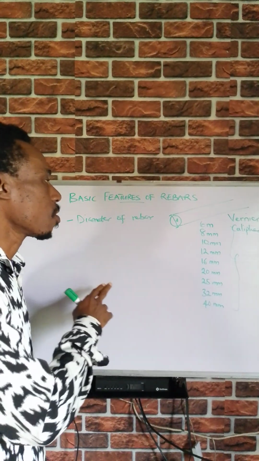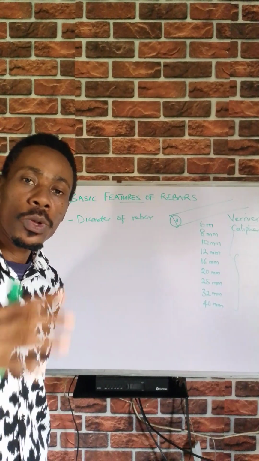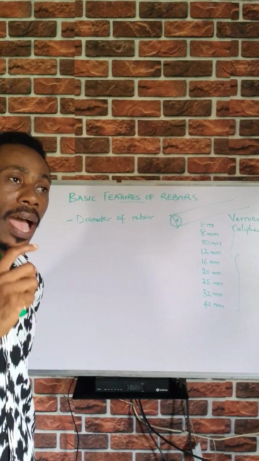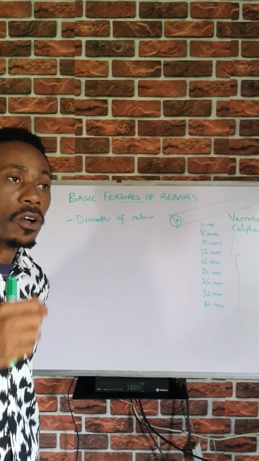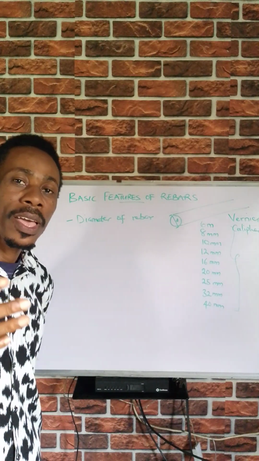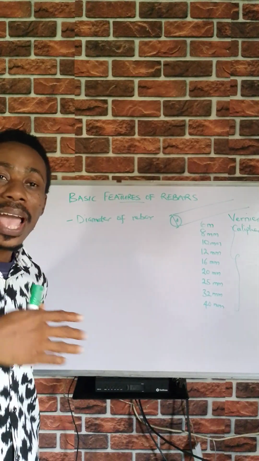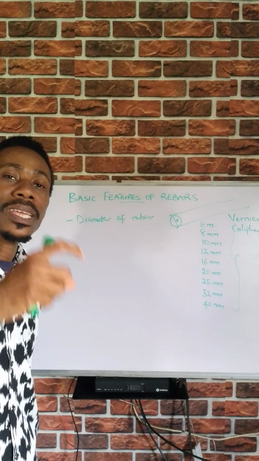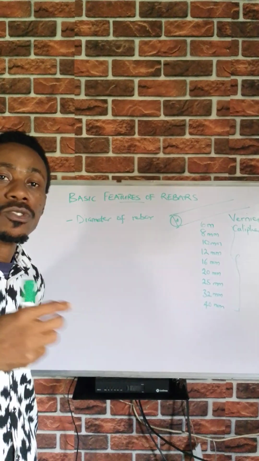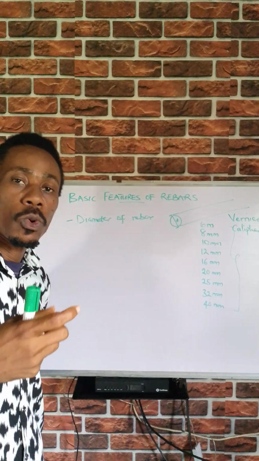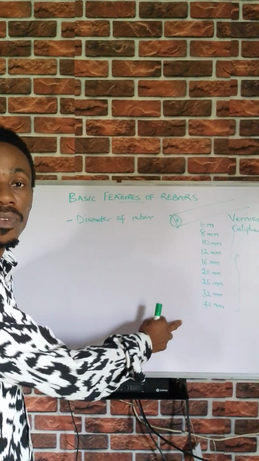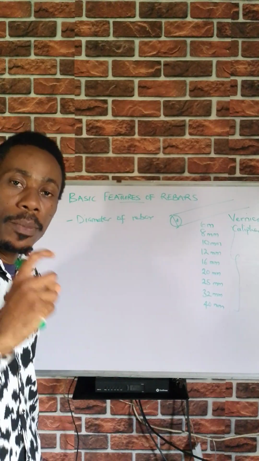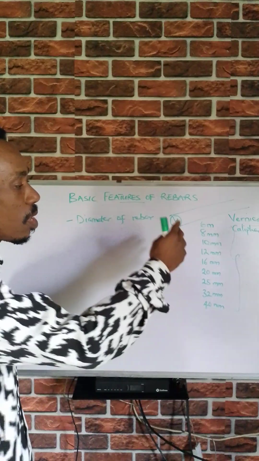During the purchase of our reinforcement, you can go with your vernier caliper to measure the diameter and ensure it meets the standard, because these days we have different brands of reinforcement in the market, and in some of these brands the diameter is not up to the various sizes stated here.